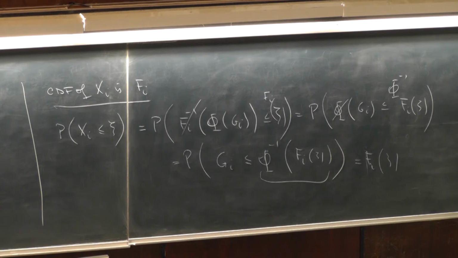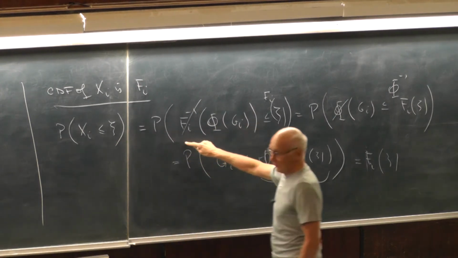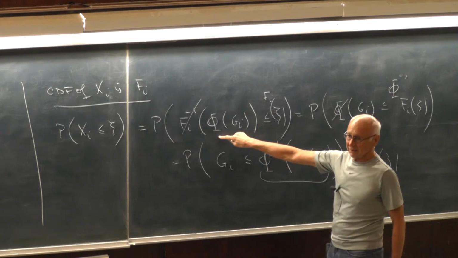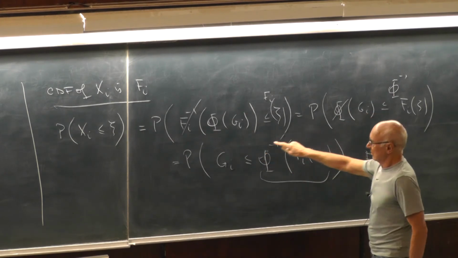Guys, if it doesn't make sense, please ask me. How shall I do it? Shall I pray in front of you? Please ask a question. Yes? What's the notation of probability that Xi is less than, here? Oh, this one?